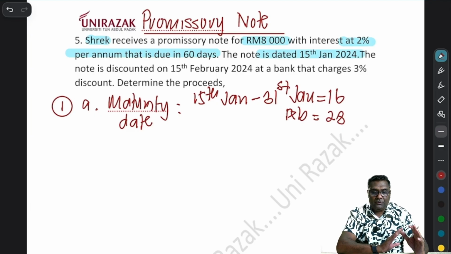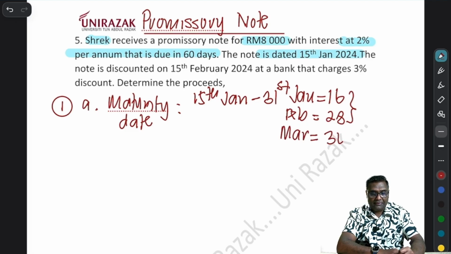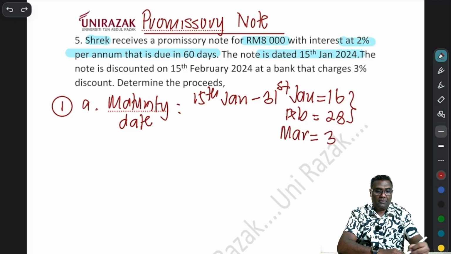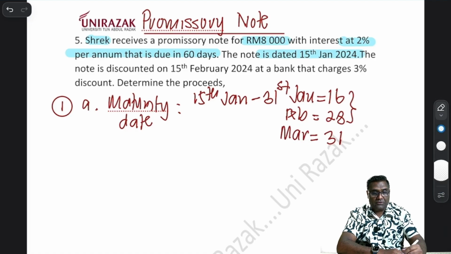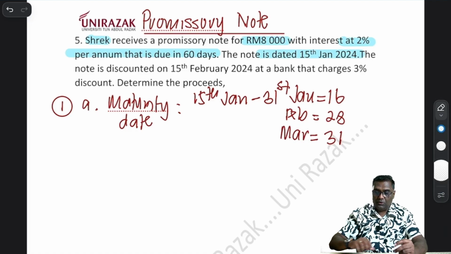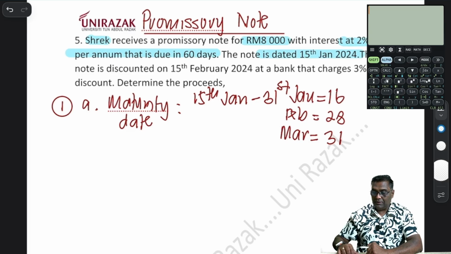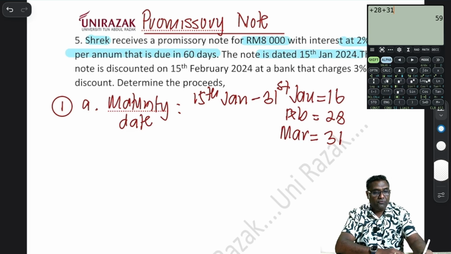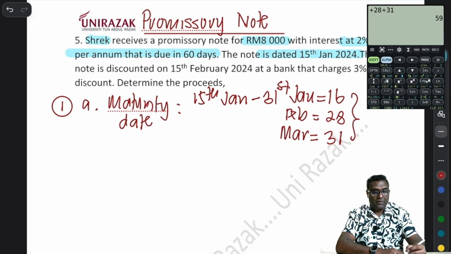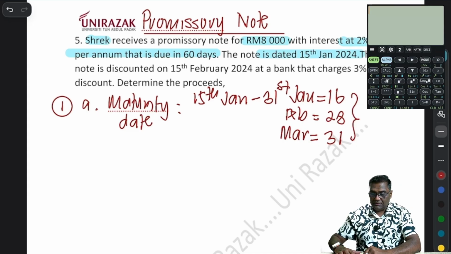Standard February is 28 days. Together with March, which is 31. When you total this whole thing up, you get 16 plus 28 plus 31. This is going to be 75.